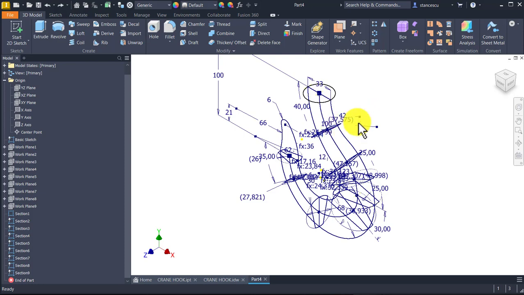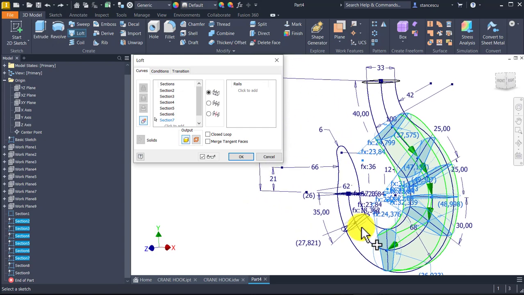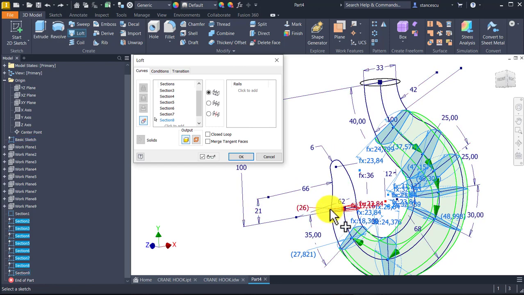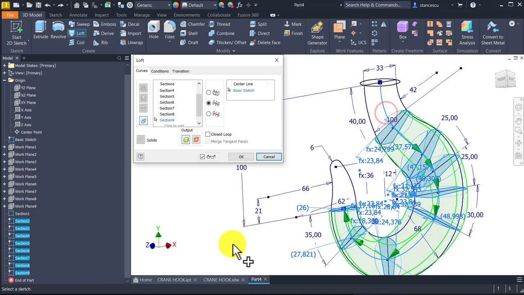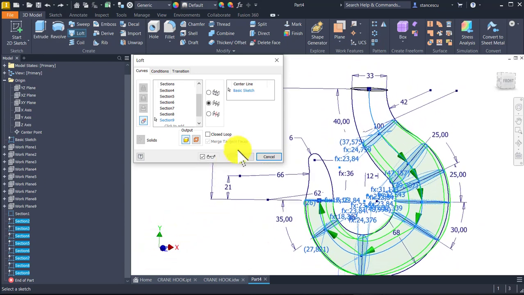We start from this sketch with loft. 1, 2, 3, 4, 5, 6, 7, 8. I don't start with this one. You'll see why. Then I select the rail. The rail is this. And you see, we see the volume.